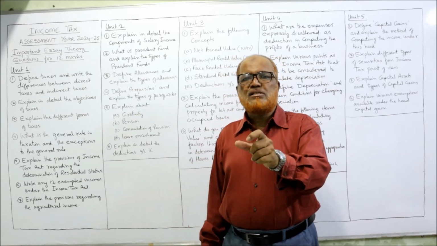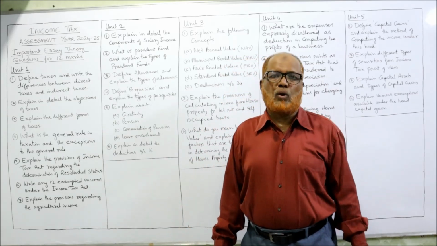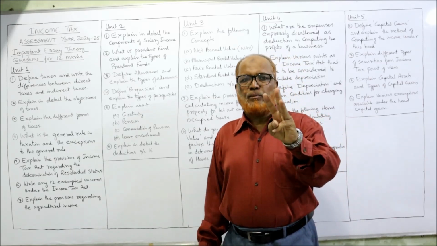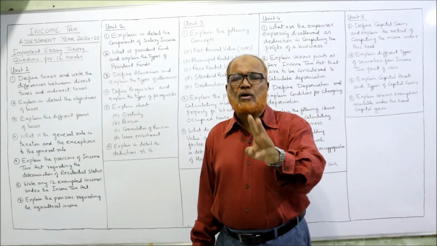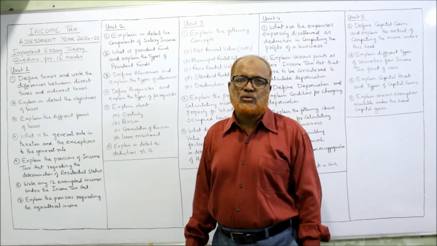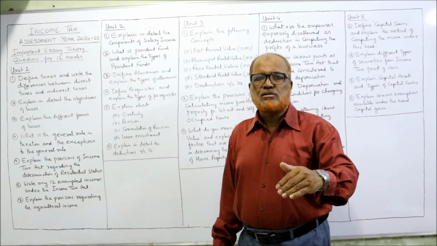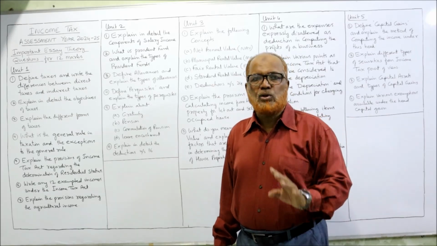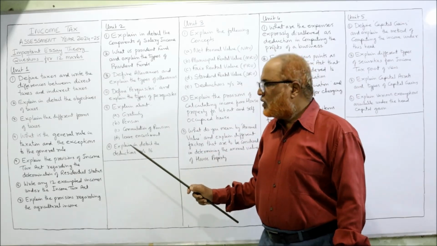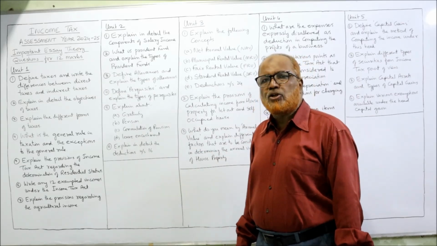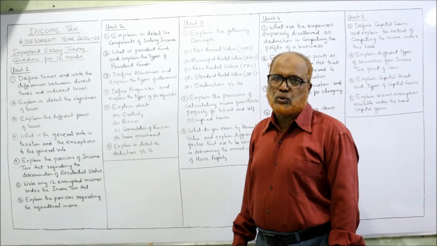So entertainment allowance deduction will be given only to government employees. It is the least of the following 3 amounts: 20% of salary, actual EA received, or fixed amount of 5,000. And professional tax paid by the employee will also be allowed as deduction under section 16(3). That's all. So these are the expected questions from unit number 2.